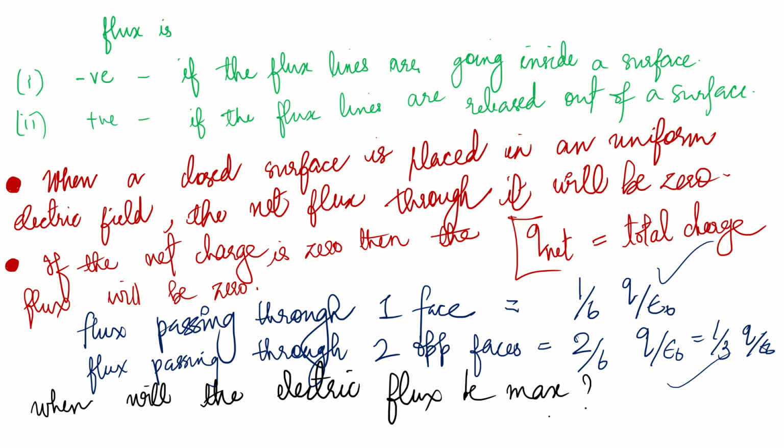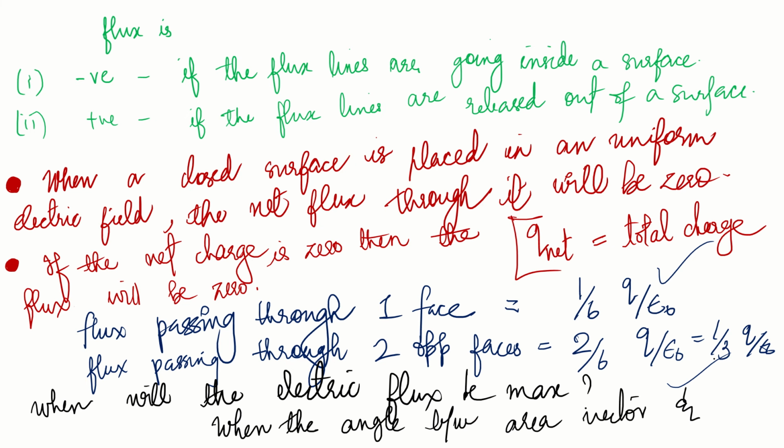Electric flux will be maximum when the angle between the field lines and the area vector is 0 degree.